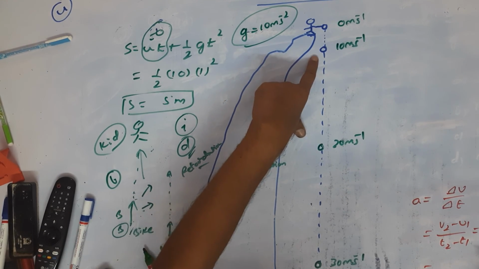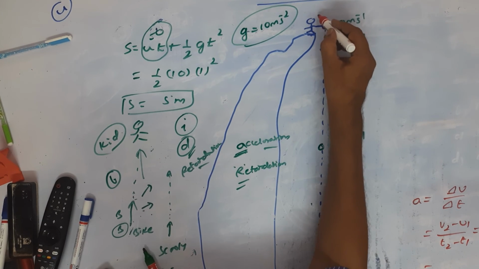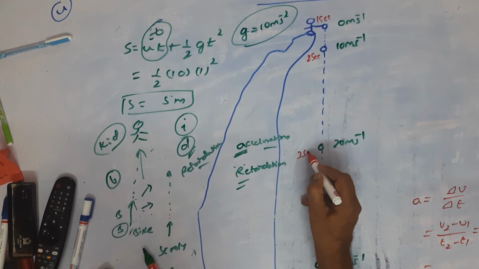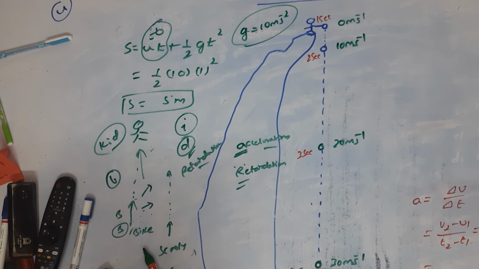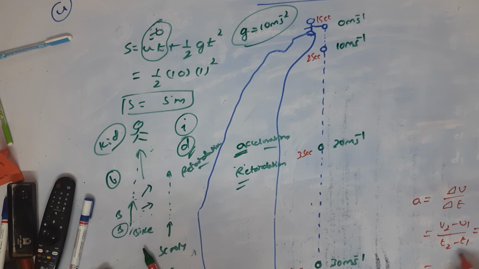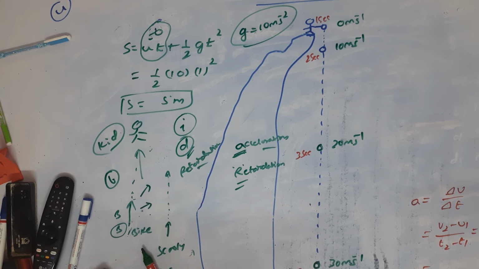The time interval t2 minus t1, 3 minus 2, it is 1. Therefore 10 meter per second divided by 1 second, just observe the units, meter per second and also second, it is 10 meter per second square.